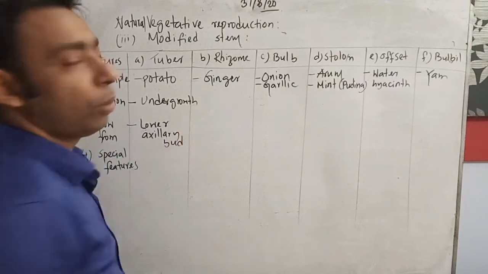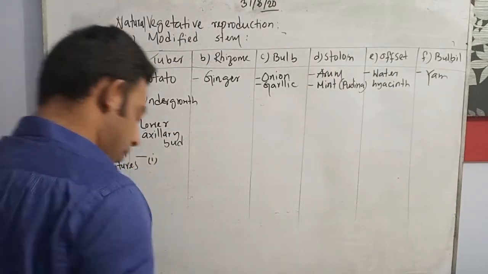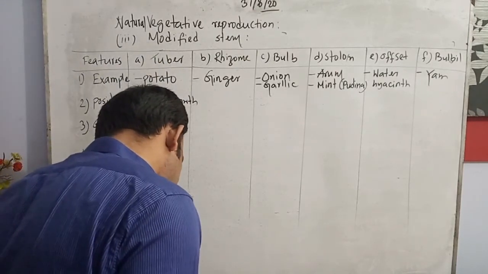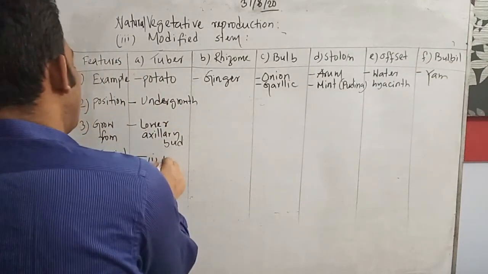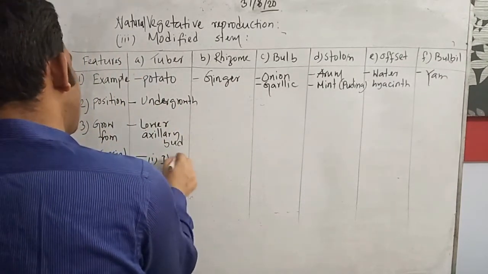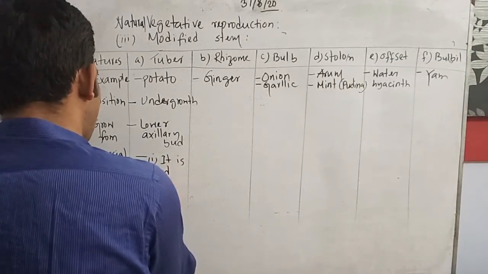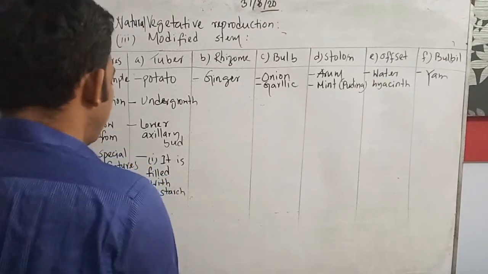Grow from lower axillary bud. And special features you can write for every case. It is filled with starch, it is a food item.